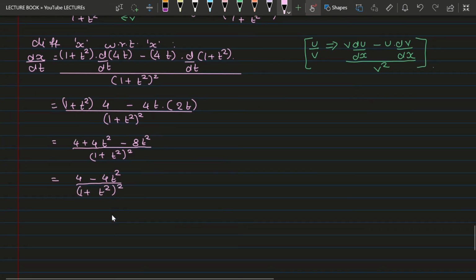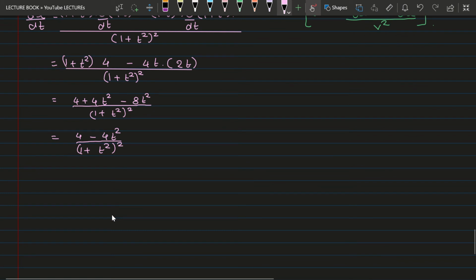Now students, this is a slightly important and a long sum, so please understand carefully. We take out 4 common. I get 1 minus t square upon 1 plus t square the whole square, which is split into two parts.